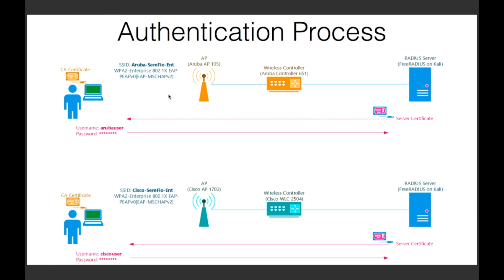Now how it works, it's basically a double authentication. So the Radius server is going to authenticate itself to the client using a certificate, and then the client is going to authenticate itself to the Radius server using a username and a password.